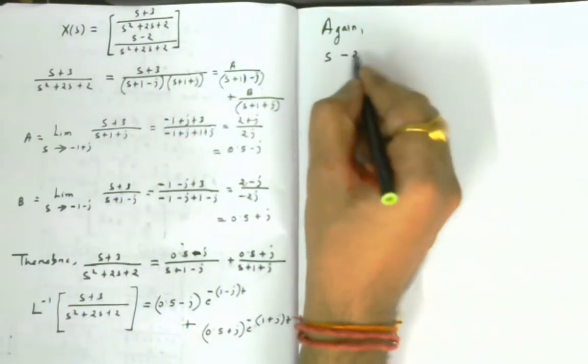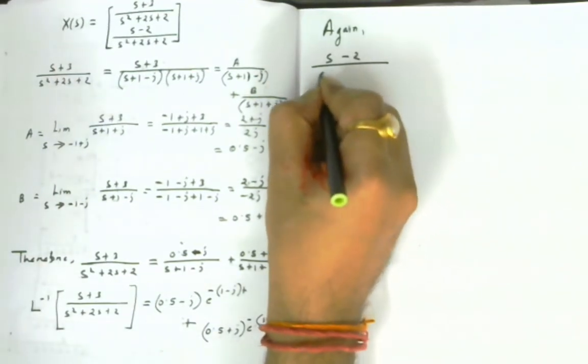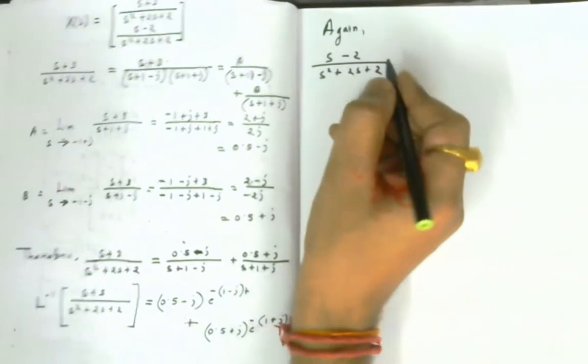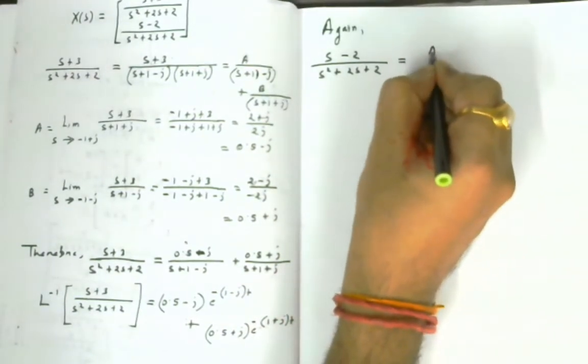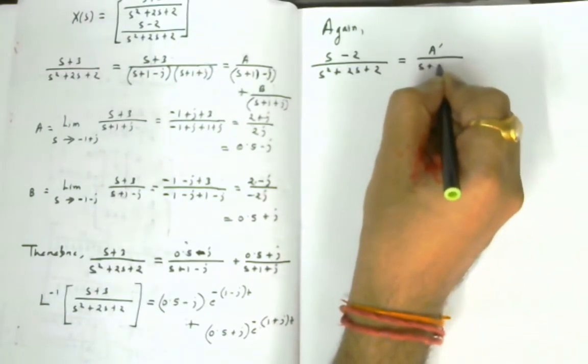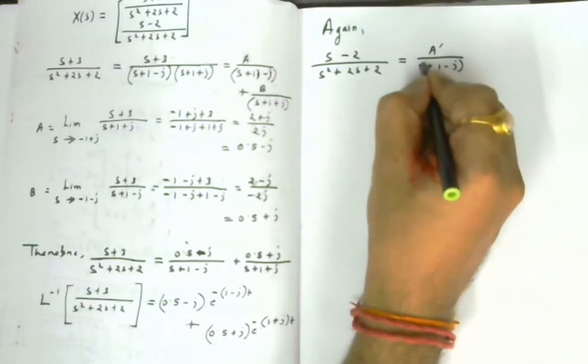This is (s minus 2) by (s squared plus 2s plus 2), equal to A dash by (s plus 1 minus j), plus B dash by (s plus 1 plus j).